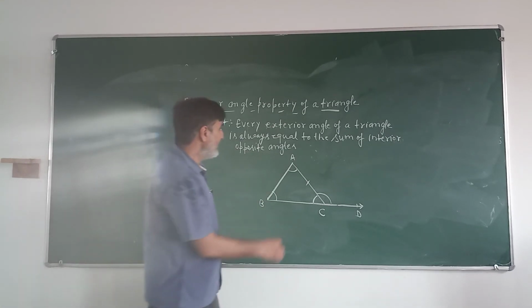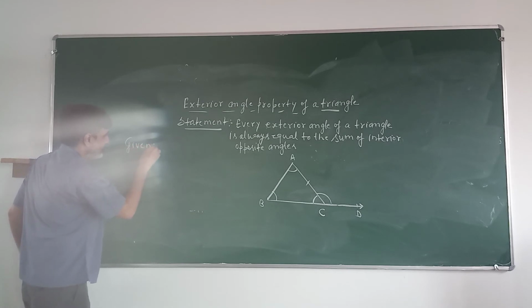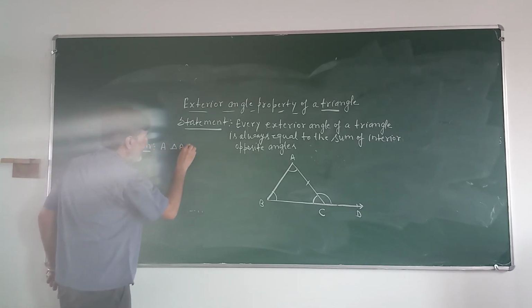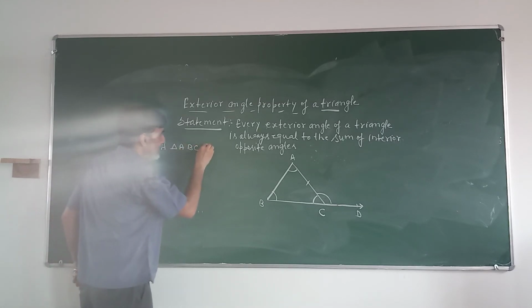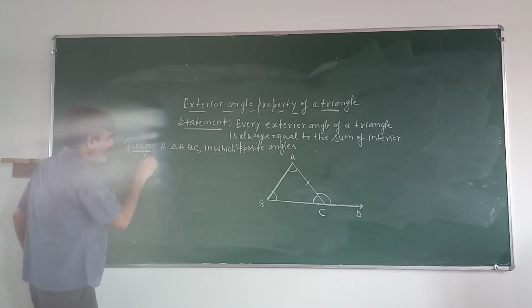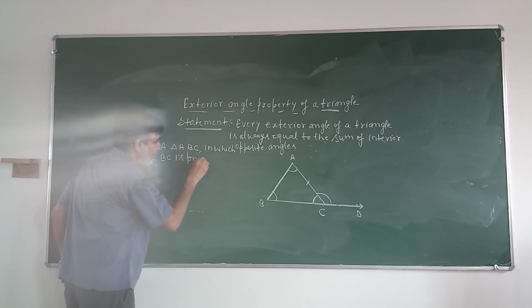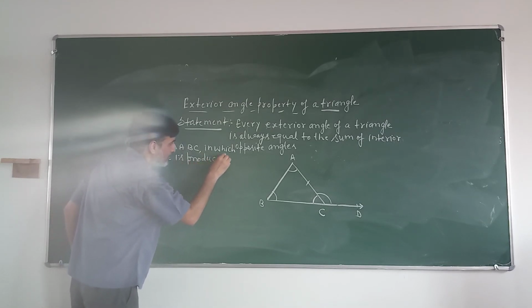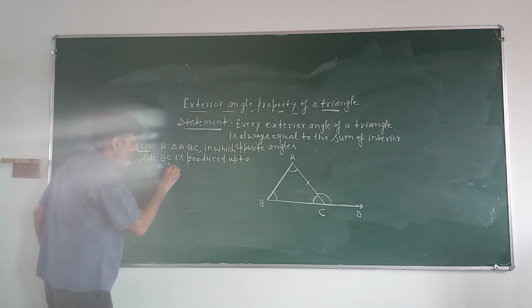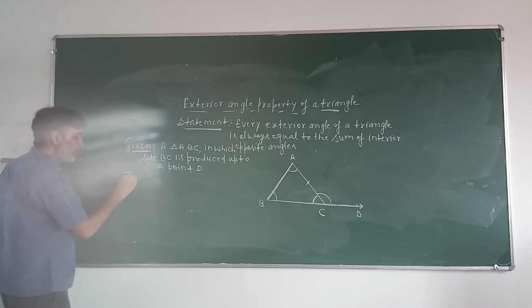So here in given, we have a triangle ABC in which side BC is produced up to a point D. Second step, to prove.